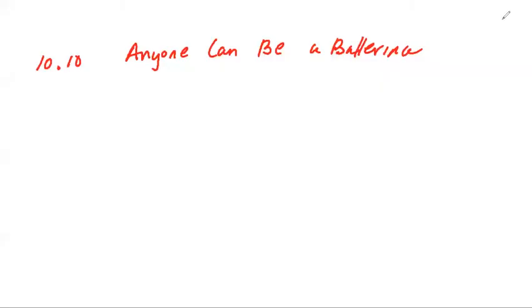10.10 says anyone can be a ballerina. Well, I beg to differ, but okay, I'll go with them. A physics professor stands at the center of a table with arms outstretched and a 5 kilogram dumbbell in each hand. So M equals 5.0 kg.